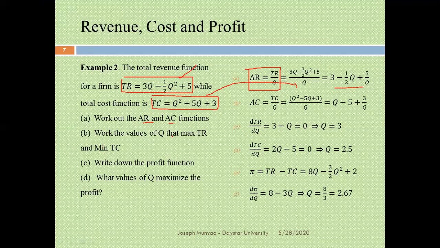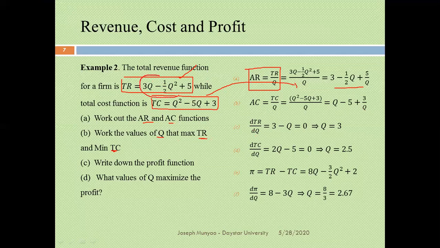Now, work out the values of Q at which TR is maximum and TC is minimum. TR is at maximum if you get the derivative of TR with respect to Q. Now, you are differentiating this function here.